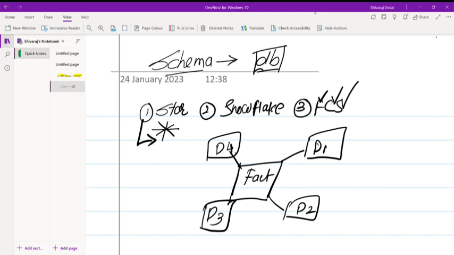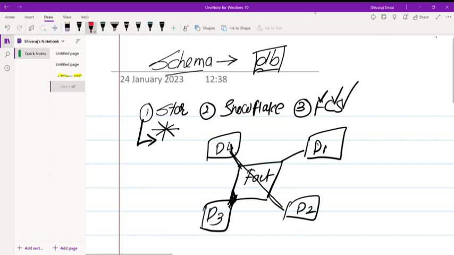If we look at the overall architecture of this schema, it looks like a star.